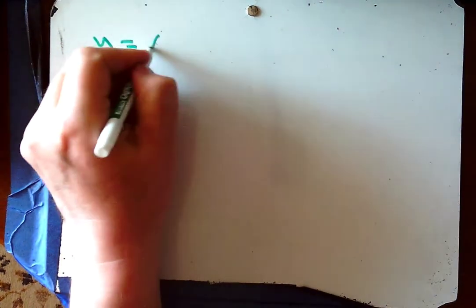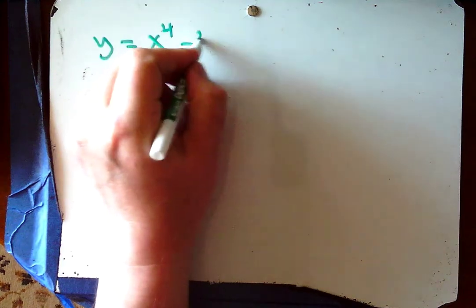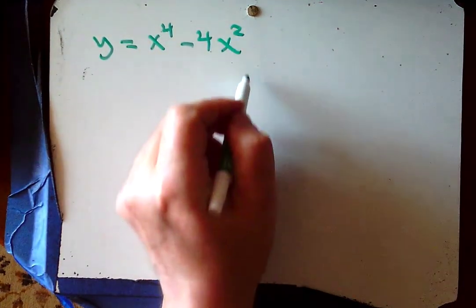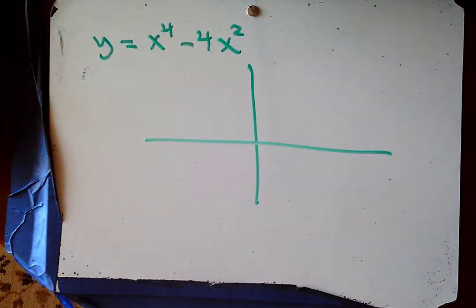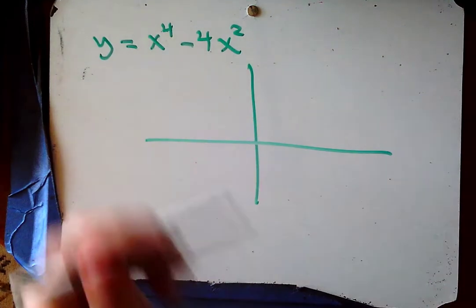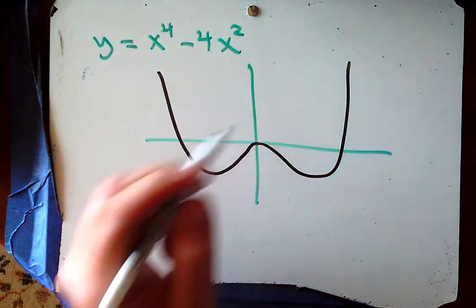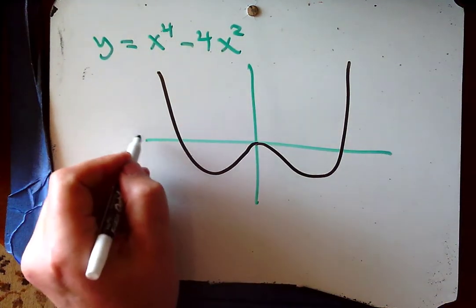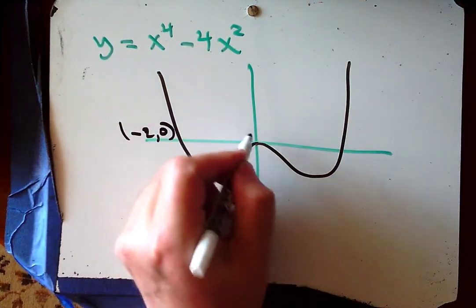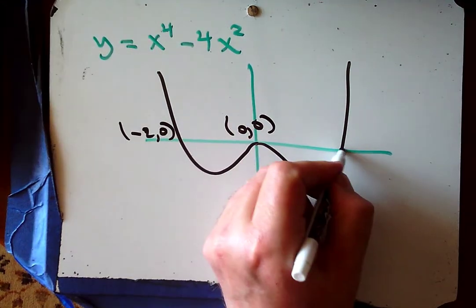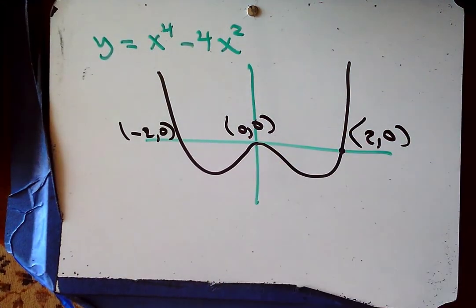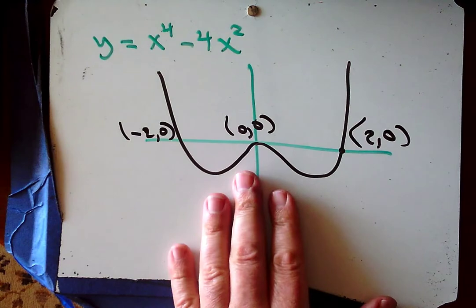y equals x to the fourth minus 4x squared. What does that look like? That looks like this. There's (negative 2, 0), there's (0, 0), and there's (2, 0). So, is this a function?